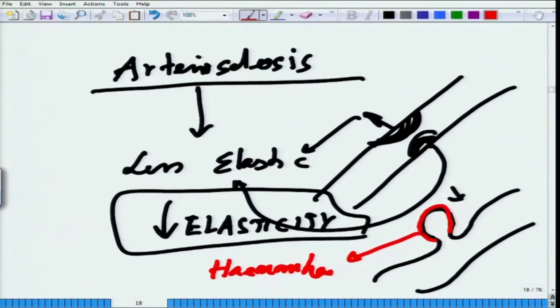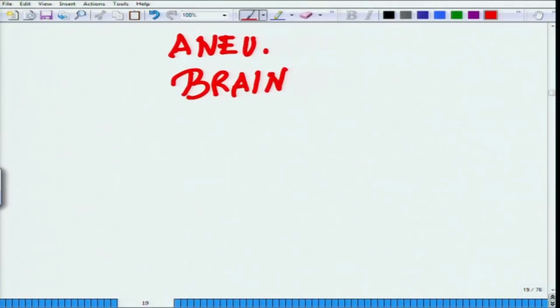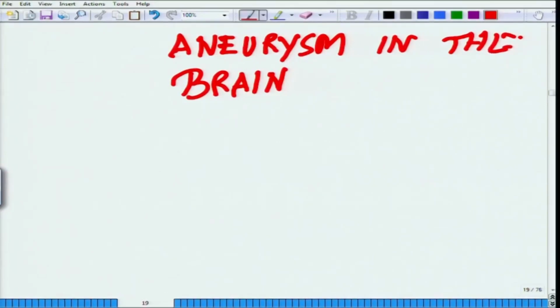and this becomes extremely challenging if such hemorrhage takes place in the brain. Aneurysm in the brain is a very fatal situation, and there are other, genetic situations which we will come back to. It is called Marfan syndrome.